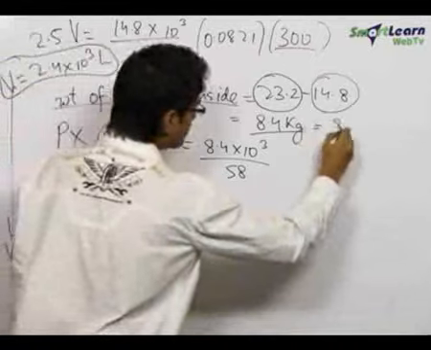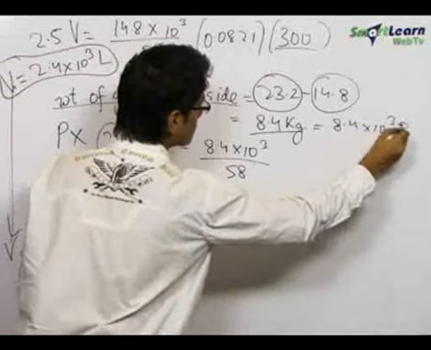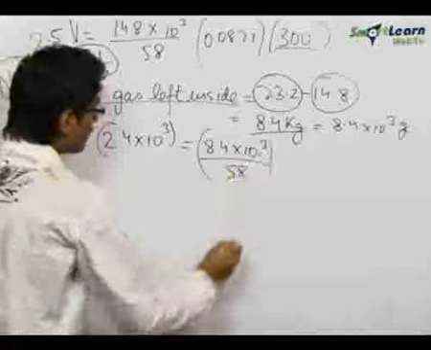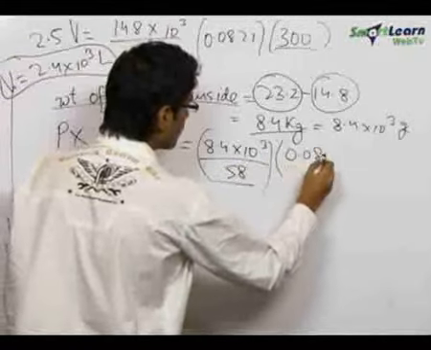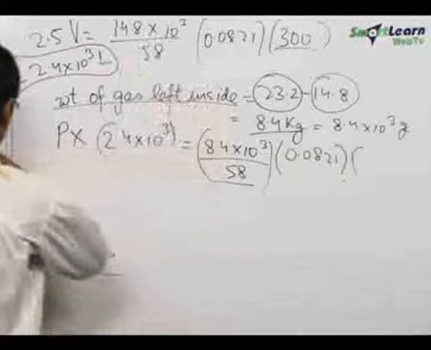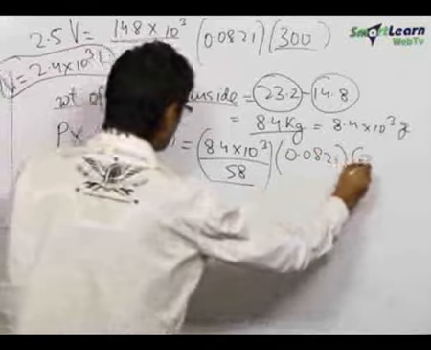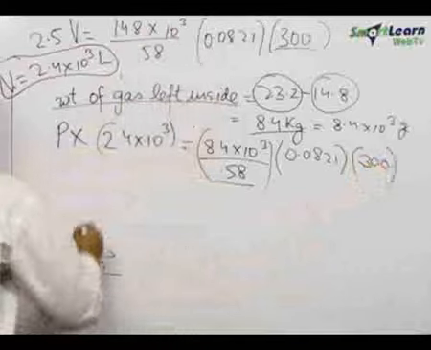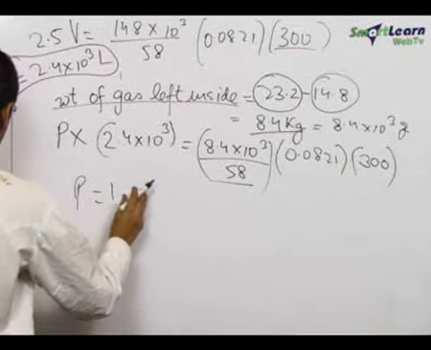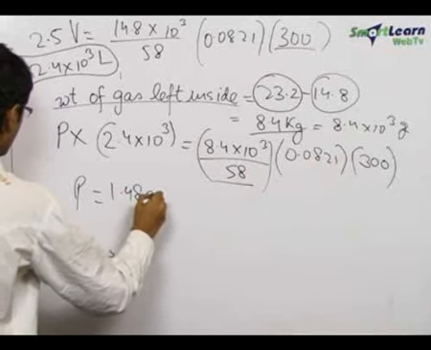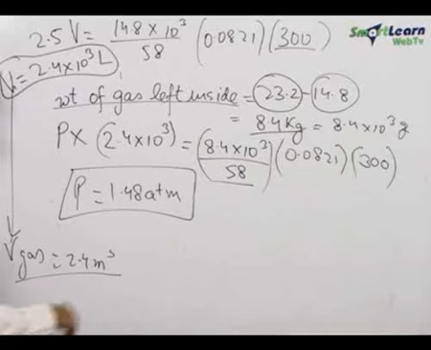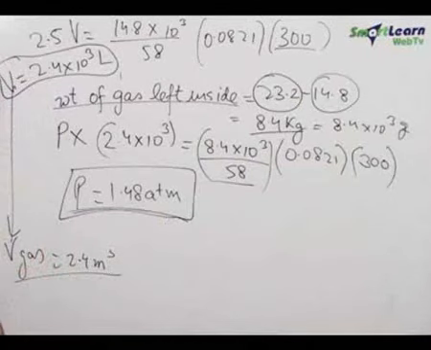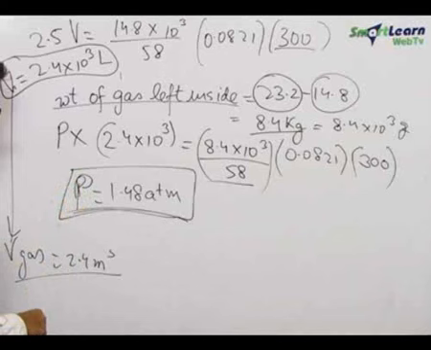Dividing it by 58, which is the molar mass, we get the number of moles, into 0.0821 into the final temperature, which is again equal to 300, because the temperature inside the cylinder will remain constant. On solving this equation, we get pressure equals 1.48 atmosphere. So we get the answer for the second part first, which is the final pressure of the gas inside the cylinder, equal to 1.48 atmospheres.